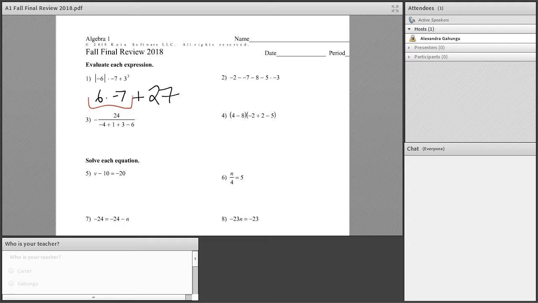So we'll get -42 plus 27. And we're going to take the sign of that big number, and we'll get negative. So that simplifies to -15.